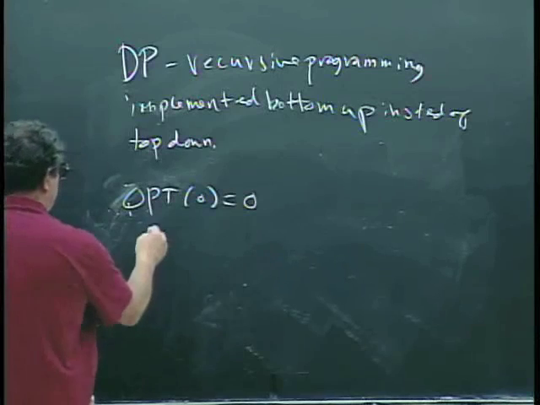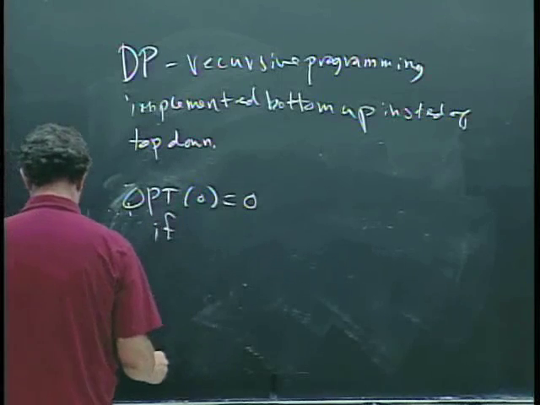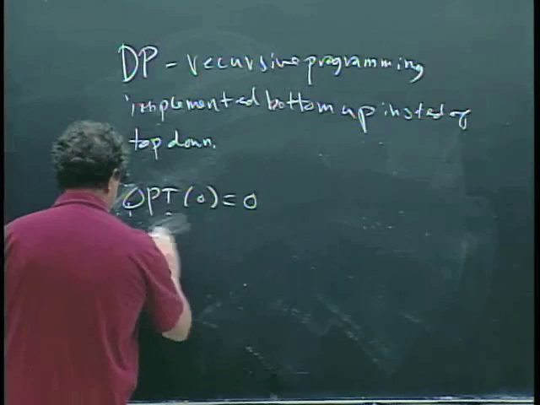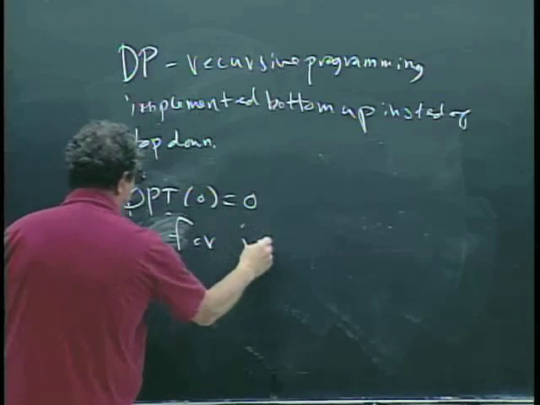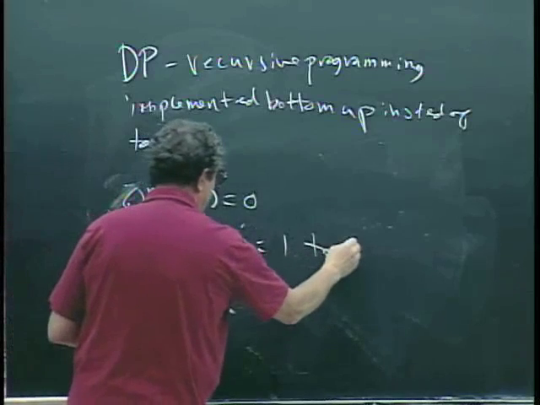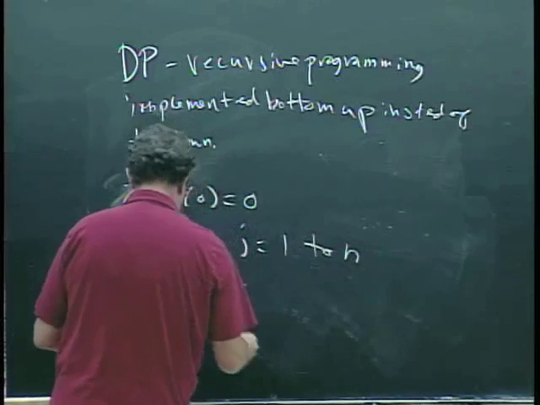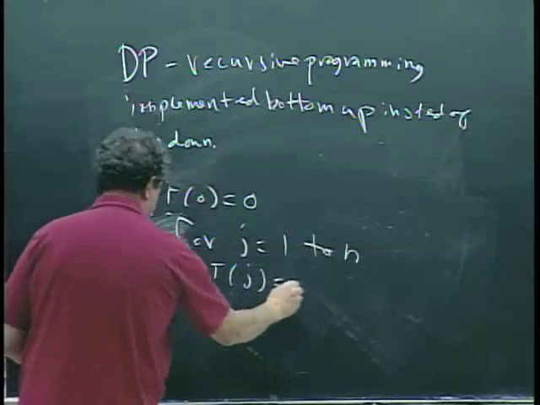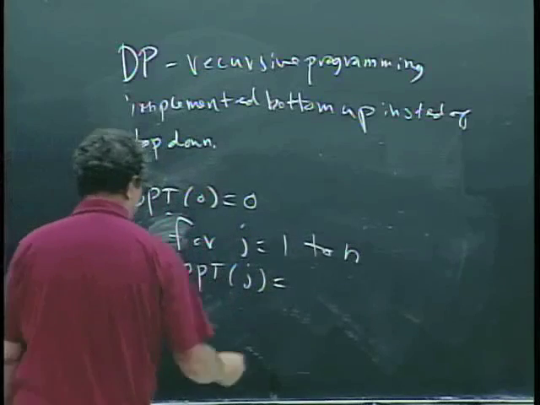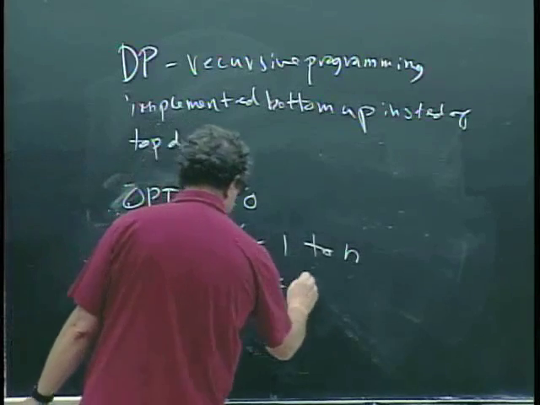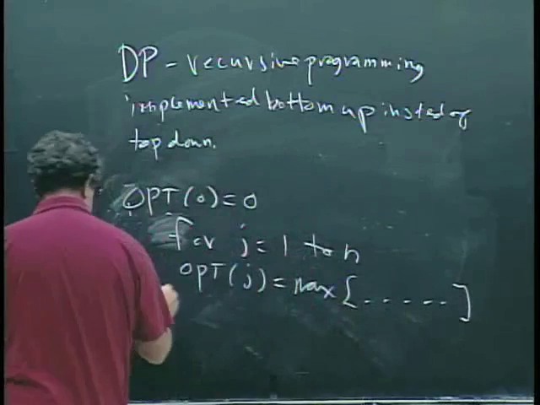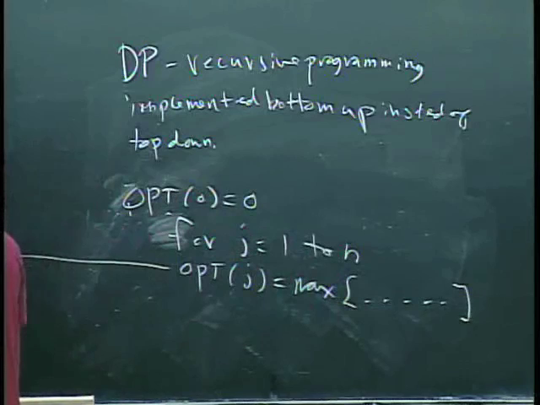And then for j equals 1 to n, opt of j, well, okay, it's just this thing. Okay, it's just this over here.